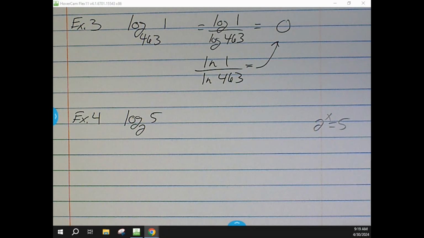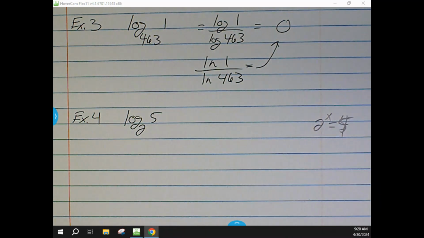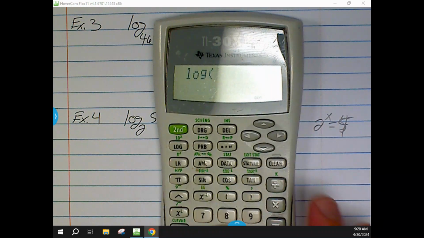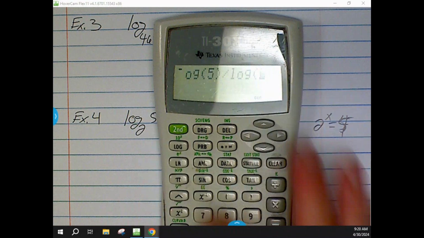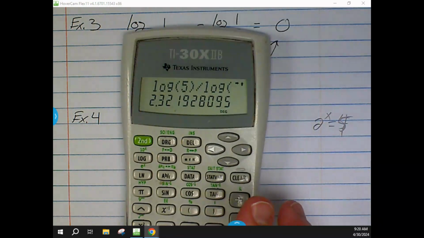We don't know, right? Now if that was 4, we're in business. But if that's 5, we don't know what that number is. So that's where having the calculator helps. We can just punch that straight in: log of 5 divided by log of 2, and that's about 2.3.